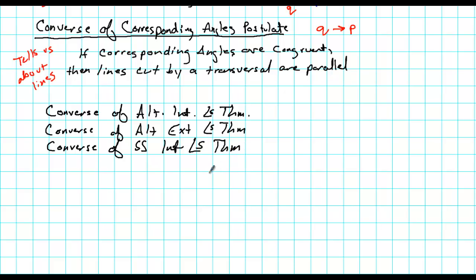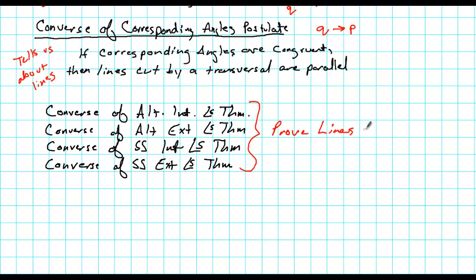It's okay to abbreviate that, right? You're not going to think I mean the stainless steel internet angles theorem, right? Same side interior. And we have the converse of the same side exterior angles theorem. And one nice thing about all of these is that all of them are going to prove lines are parallel, right?